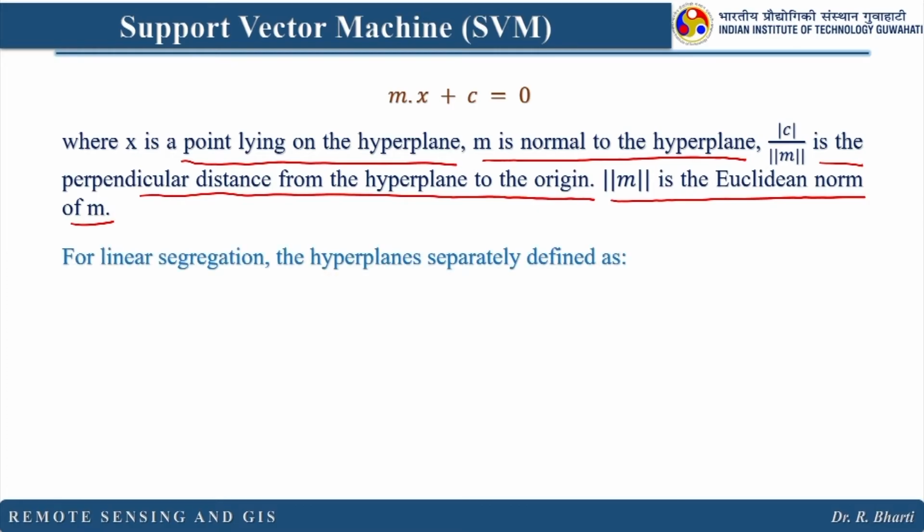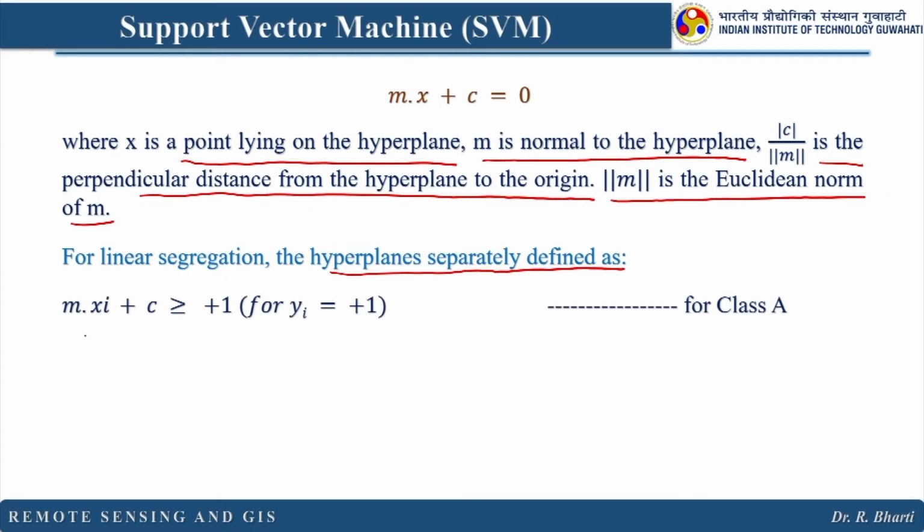Now, for linear segregation, the hyperplanes are separately defined as mx plus c, this is the form. Here for yi, we have a range from -1 to +1.